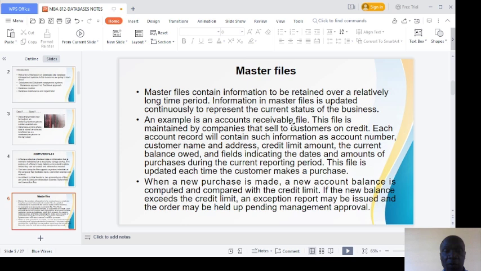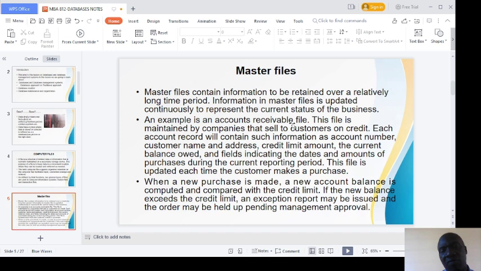Now, some of that information will be retained over a relatively long period of time. For example, if you come after 10 years after graduation from AUC, you still get your information, your data still stored. So a relatively long time period means some can be stored for 5 years, some for 10 years, some can be stored for 100 years.